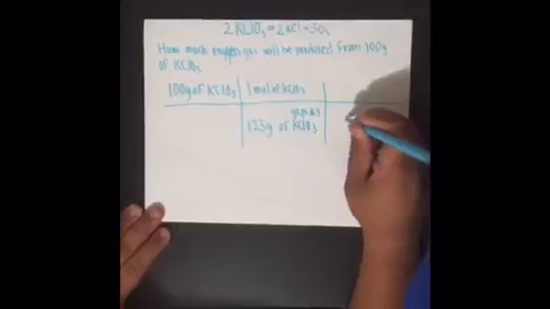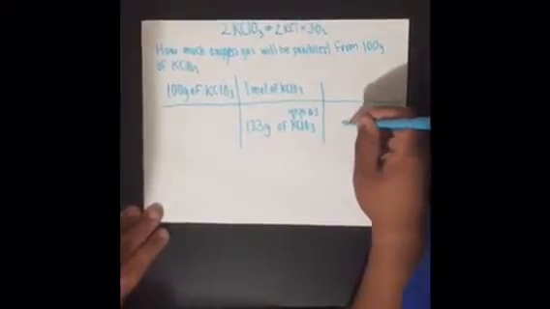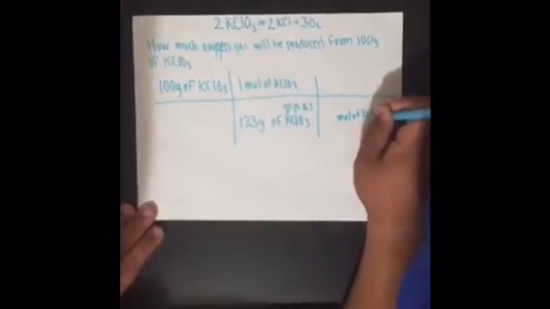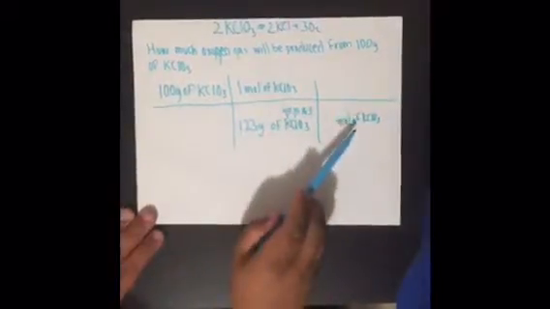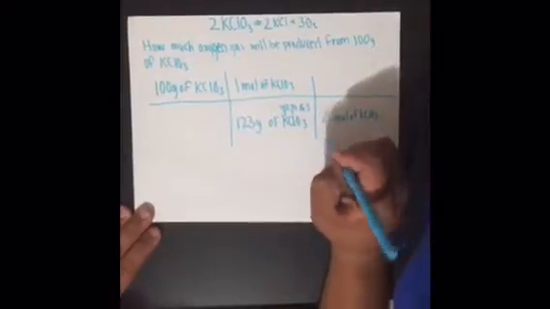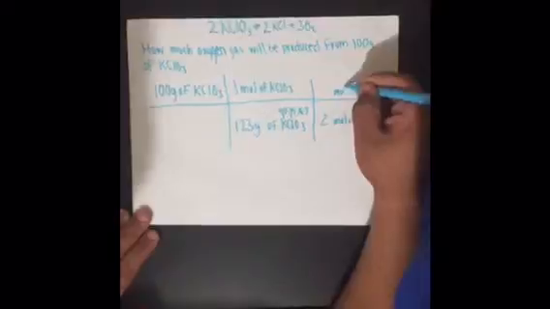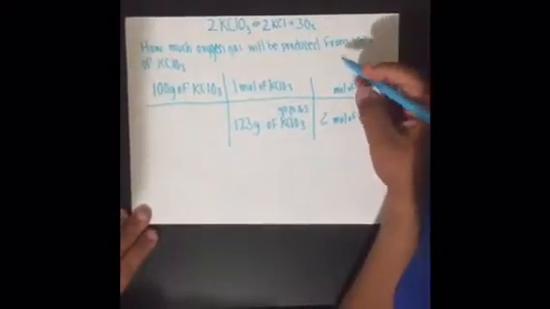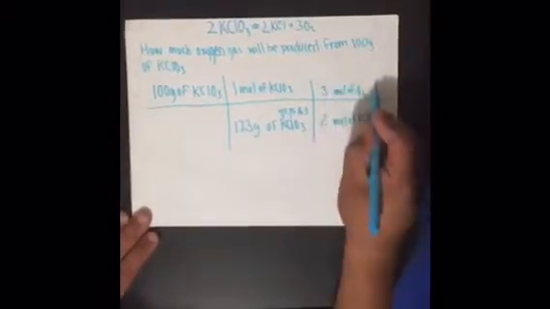I put my given right here on the bottom, so mole of KClO3, and KClO3 is 2, and then on the top, I put mole of O2, which is right here, so basically I put 3.